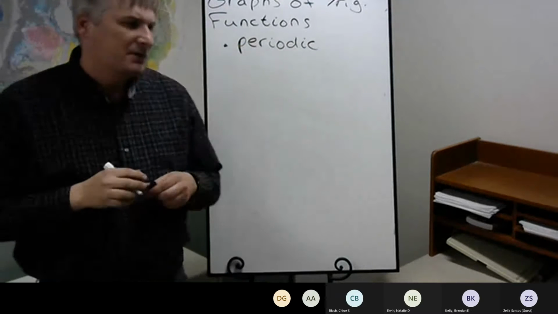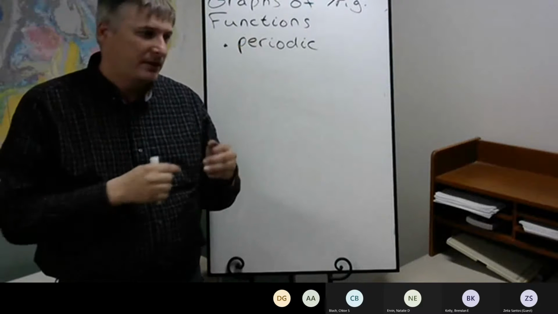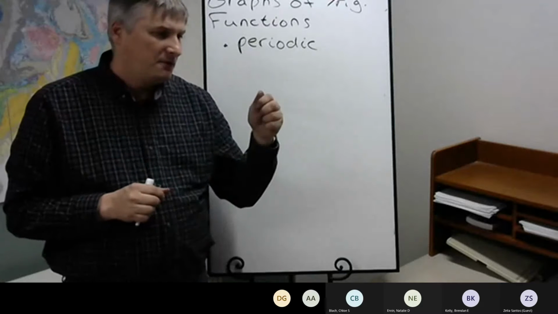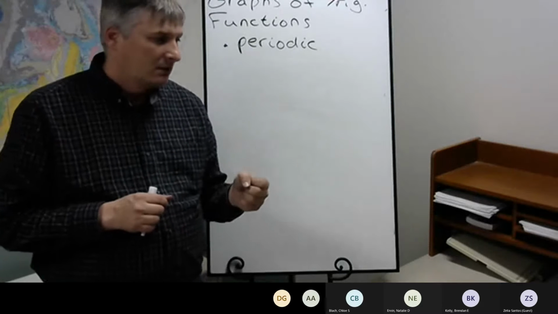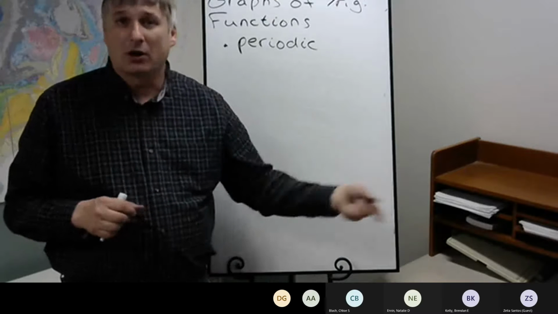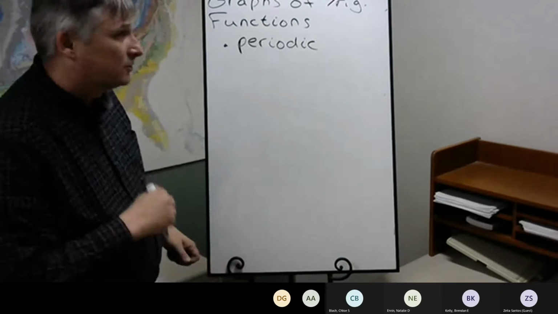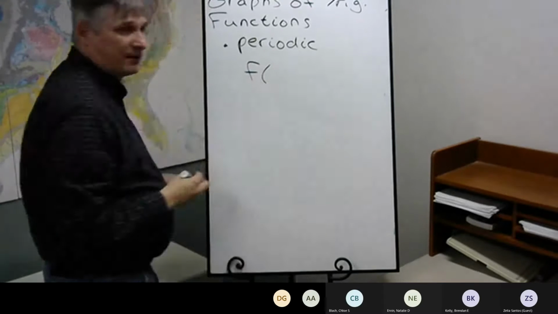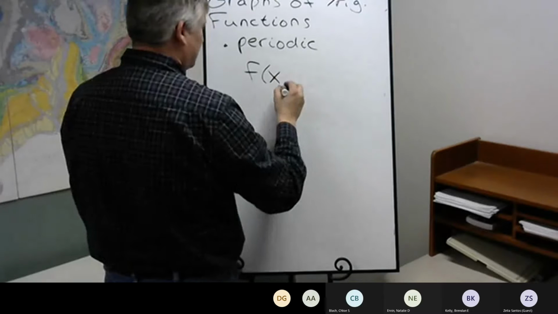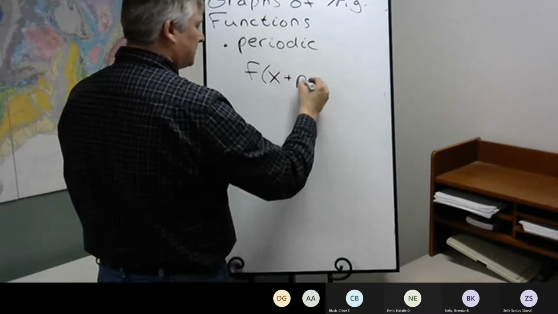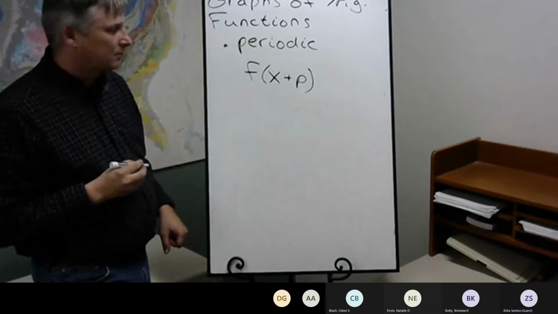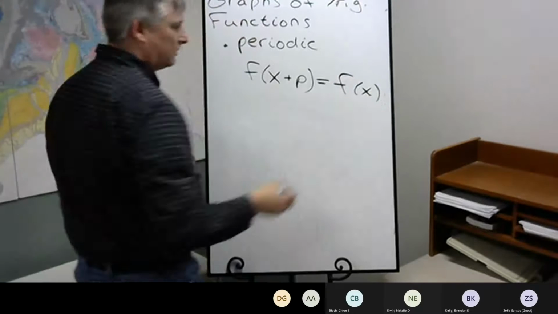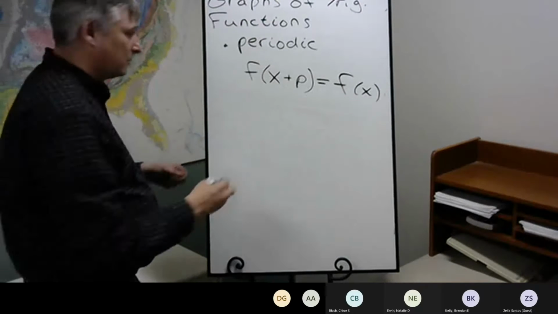So what that means is that you have this distance called a period, and every time you travel the distance along the x-axis of the period p, the y values start repeating themselves. So what this means, if you have f of x, and then you travel p units down the x-axis, you have the same y value as f of x.